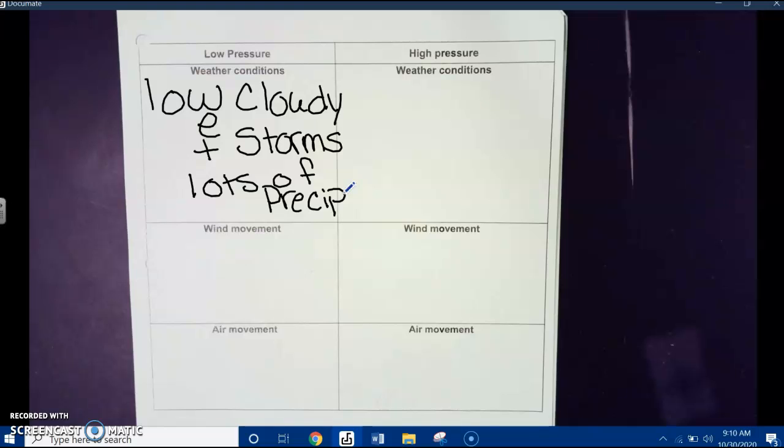And we learned yesterday that when air rises, cools, condenses to the dew point, it makes clouds. So our wind movement, we have an abbreviation here, it's LICC. So low in counterclockwise. So we're going to draw our low pressure.